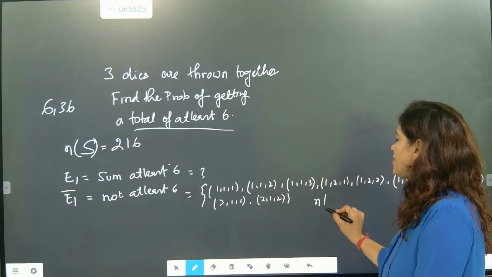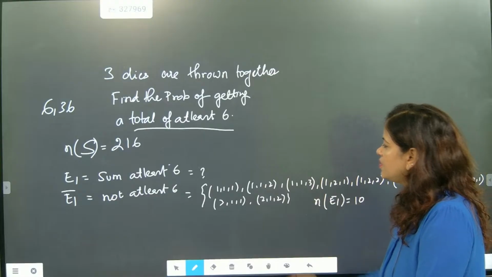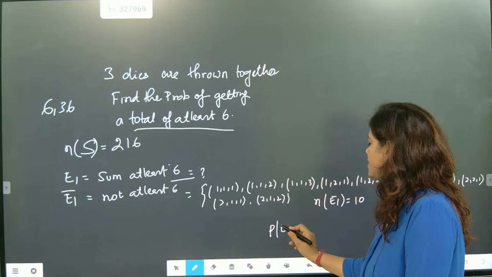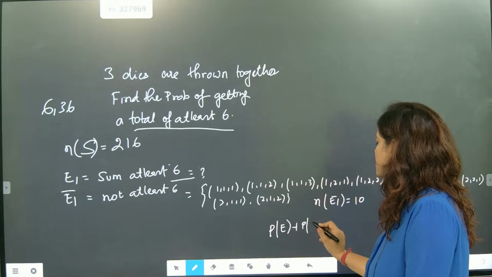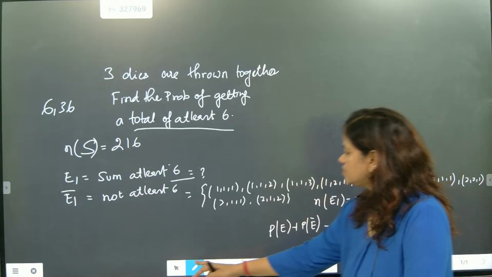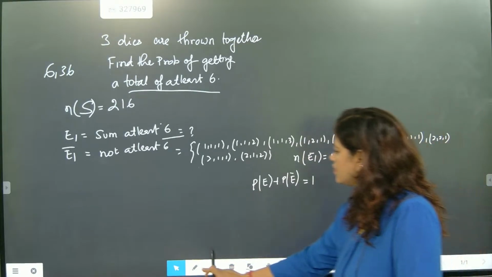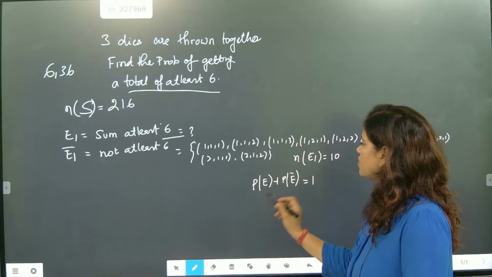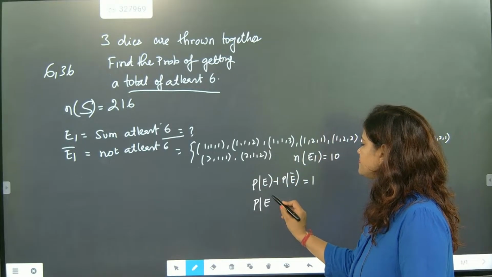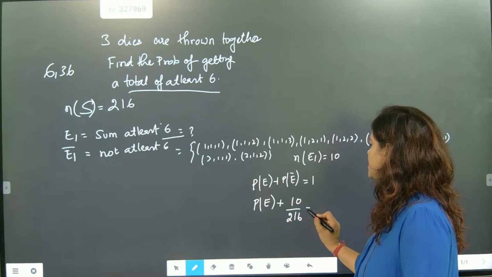That means the sample space of not getting it is coming as 10. But we want this one, E1. So the probability of getting event E plus the probability of getting event E bar is equal to 1. This is our situation. Once this is written, how do we proceed? Beta, not E1 plus E1: this one is coming as 10 by 216, equal to 1.